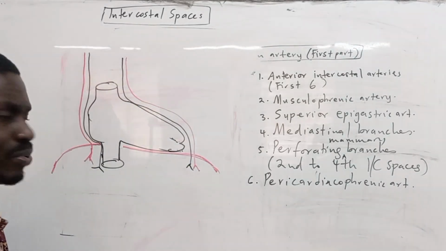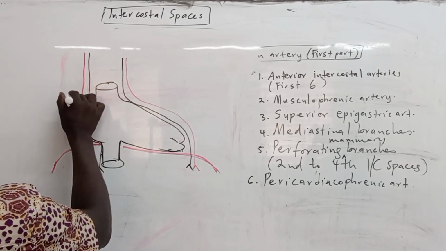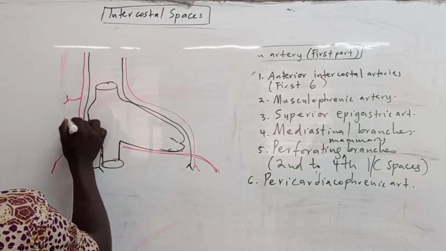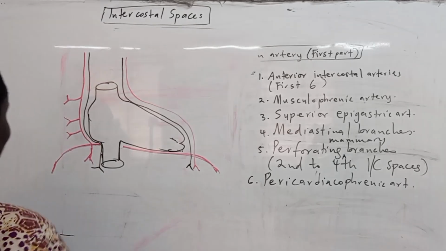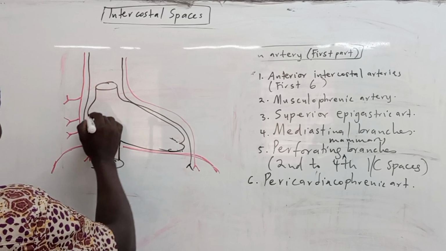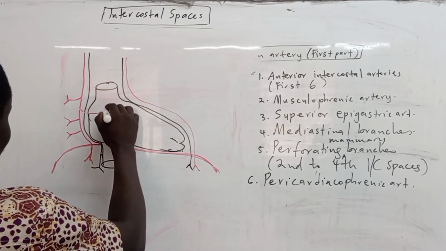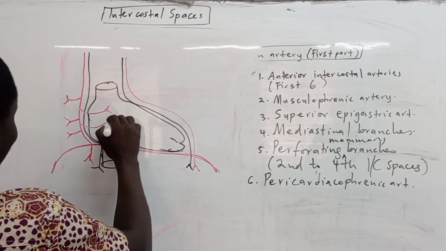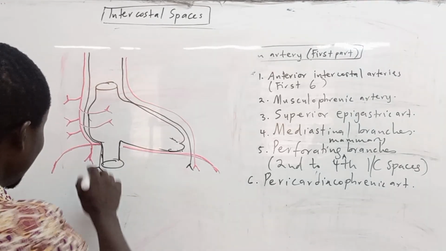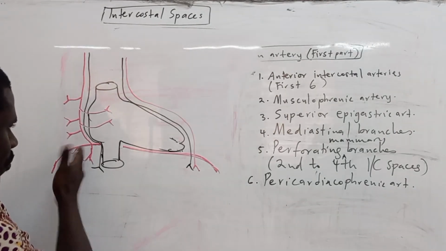So what are those branches? It will be giving off some branches towards the pleura, or towards the mediastinal branches, then also to the pericardial branches, even to this diaphragmatic peritoneum, to the diaphragm.